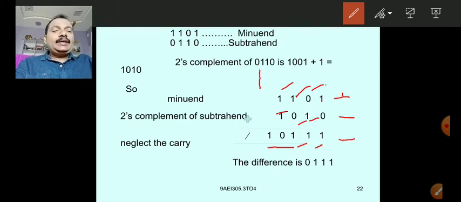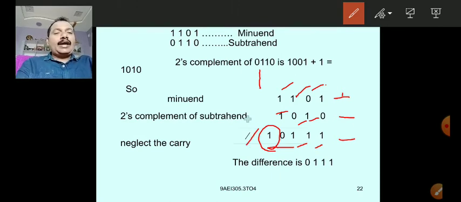So finally you got the result 10111 and the final carry. This is the final carry, you have to neglect this, and the difference is 0111, that is the difference value.